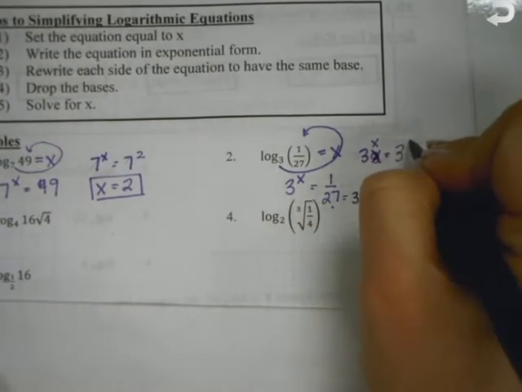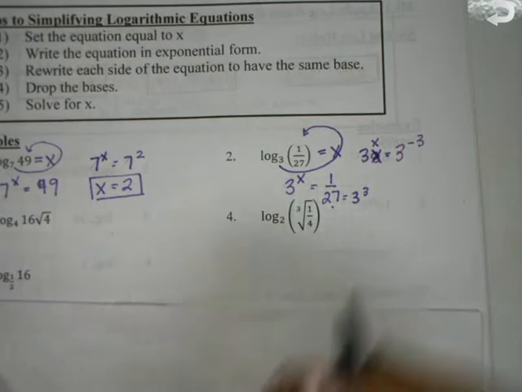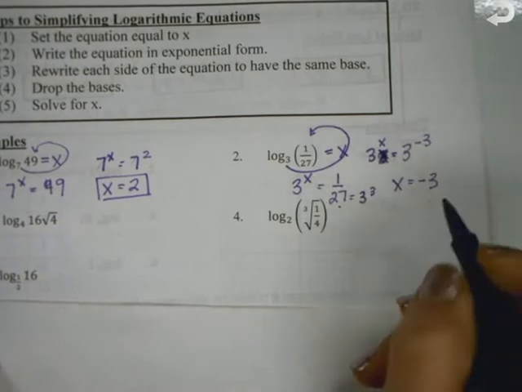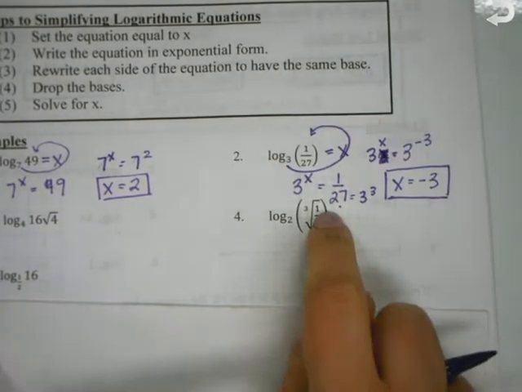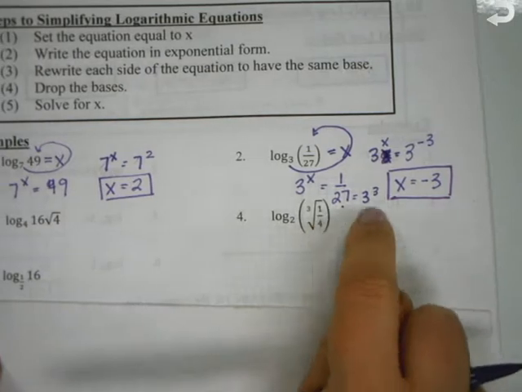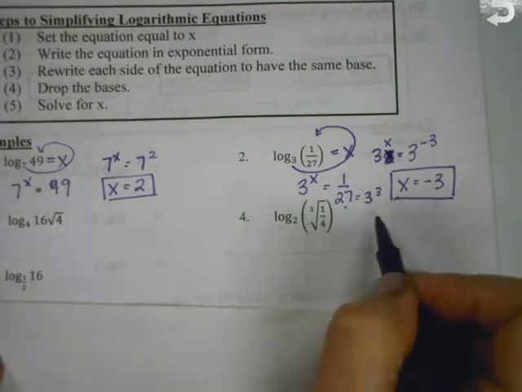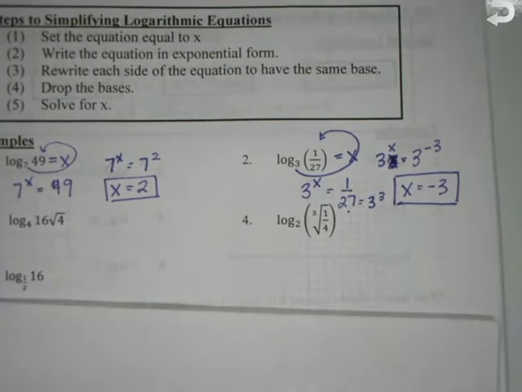Drop those bases, so we get x equals negative 3. Why is it negative? Because it's a fraction, and we want to bring it up, which means if we're taking the reciprocal, we have to change the exponent to negative. Okay, because right now it's a fraction, so the bases are not the same yet. Make sense?